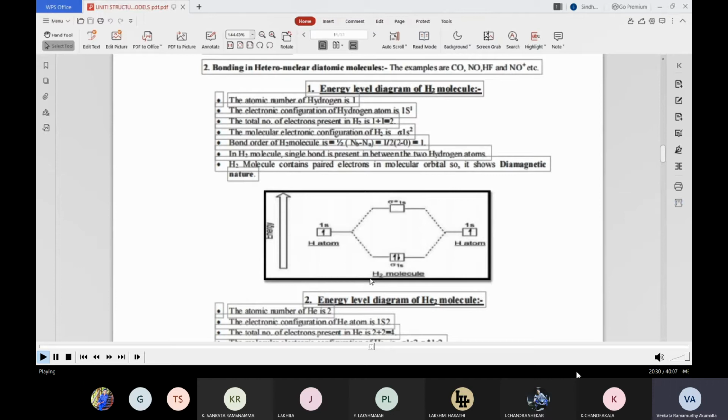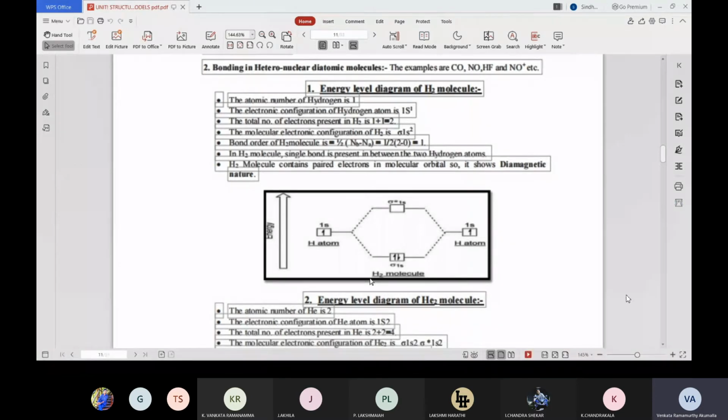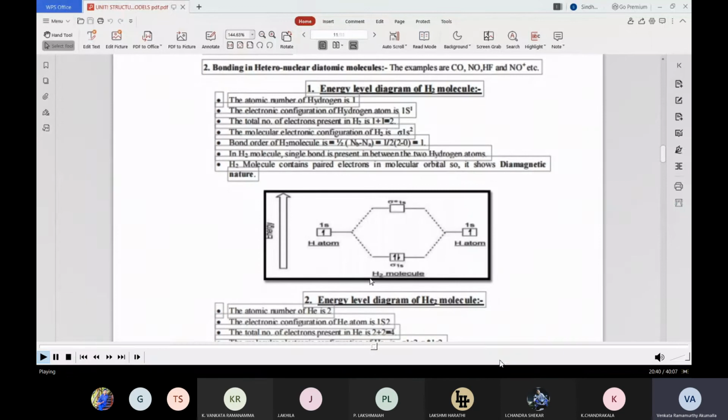Only two electrons are in the hydrogen molecule orbitals, so the sigma star 1s orbital is not filled with electrons.